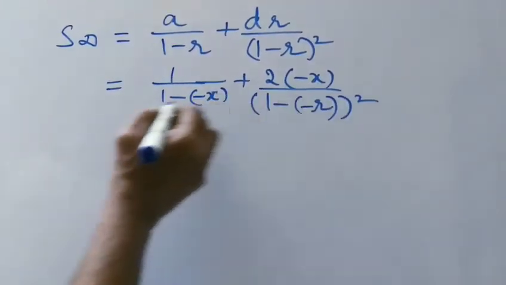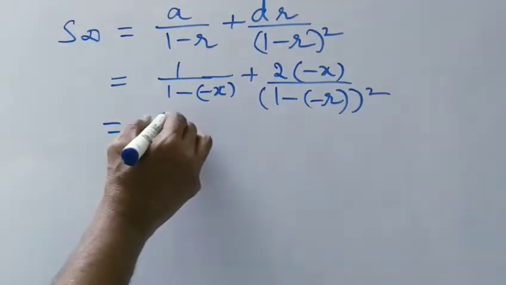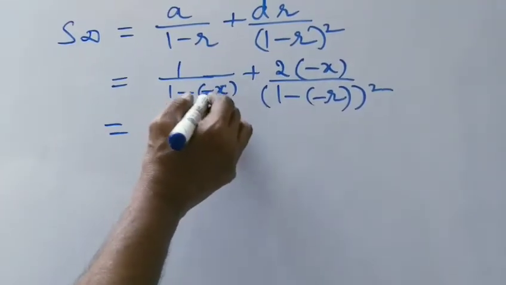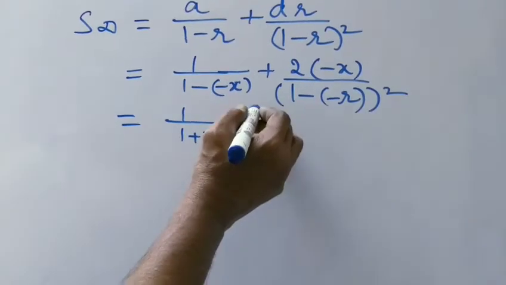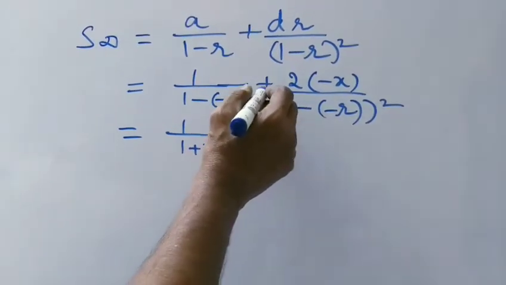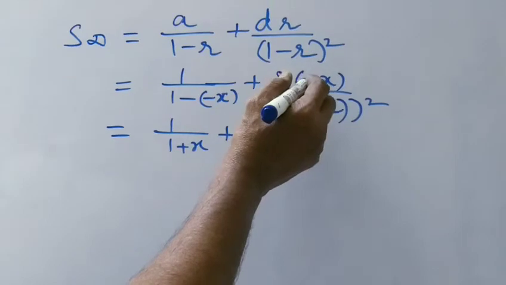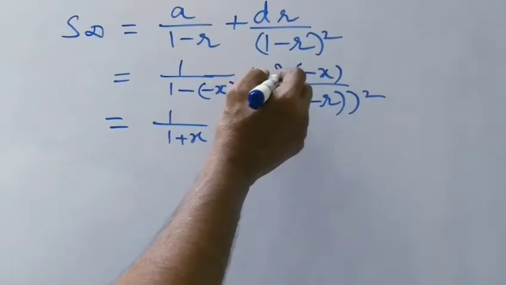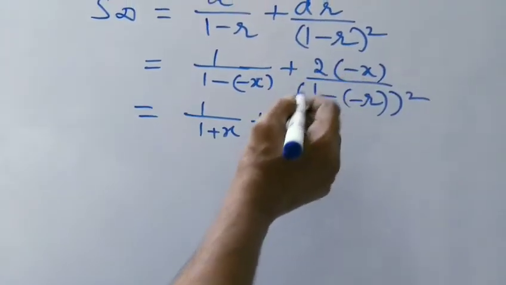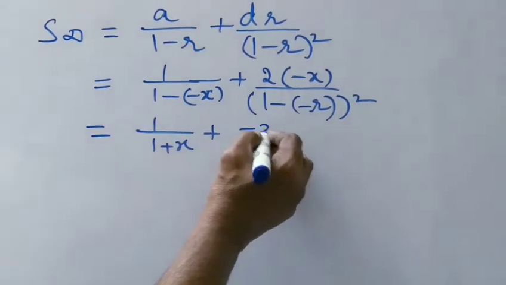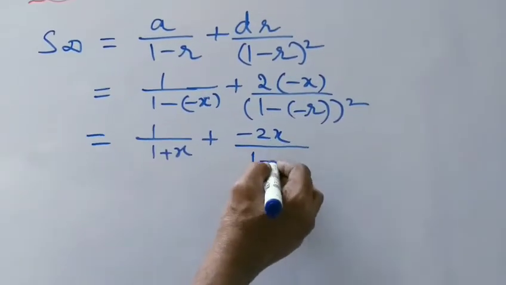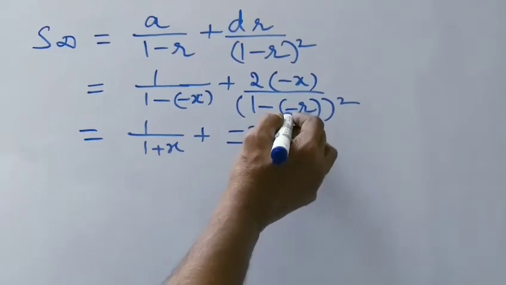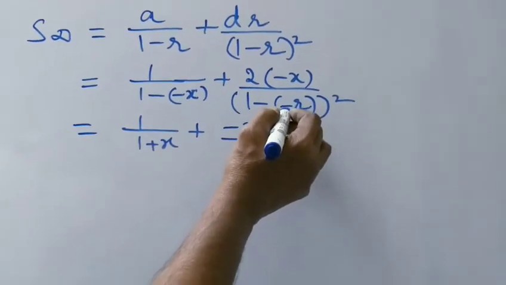This is equal to 1 by, minus into minus plus, 1 plus x, plus 2 into minus x, which is minus 2x, by (1 minus r) whole square.